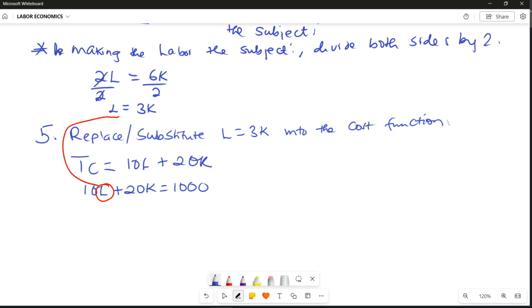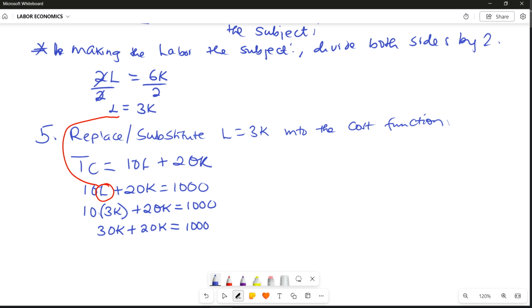So this is the same as 10 open brackets, where there is L we put 3K, then plus 20K, equal to 1,000. So 10 times 3K gives us 30K, then plus 20K is equal to 1,000.